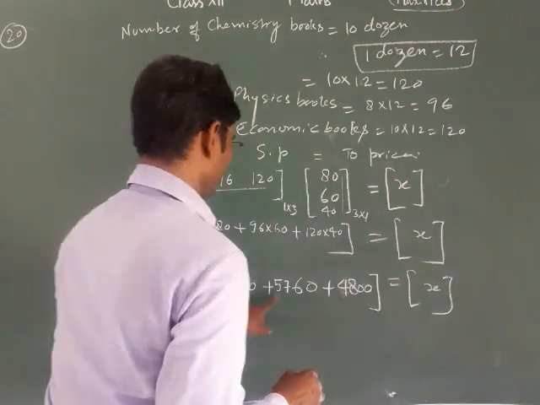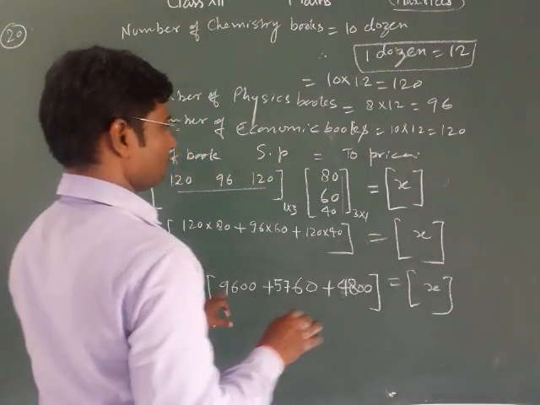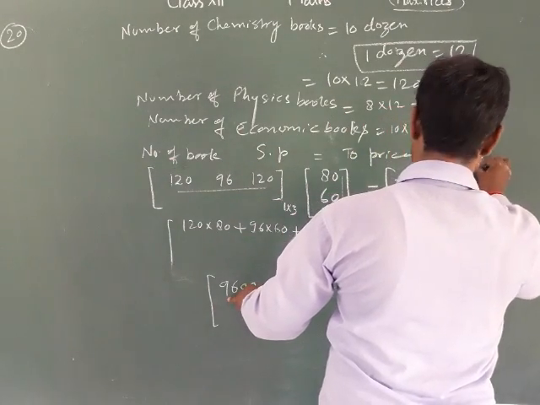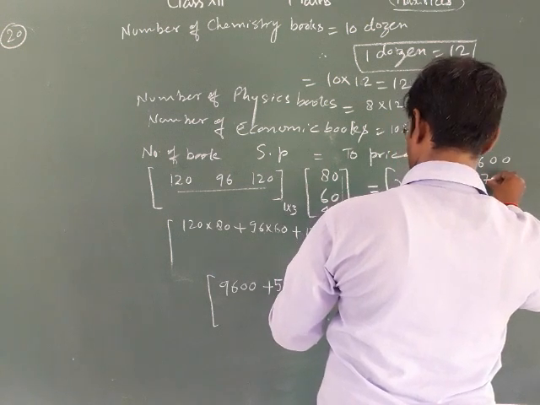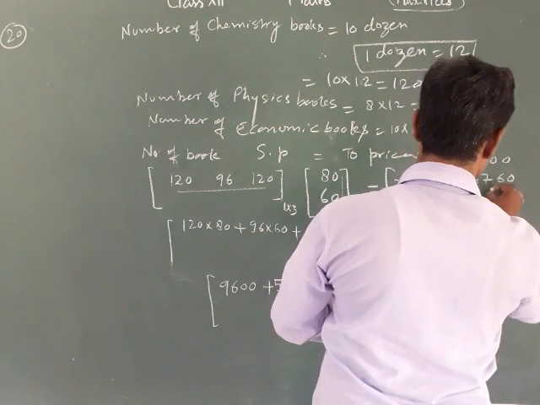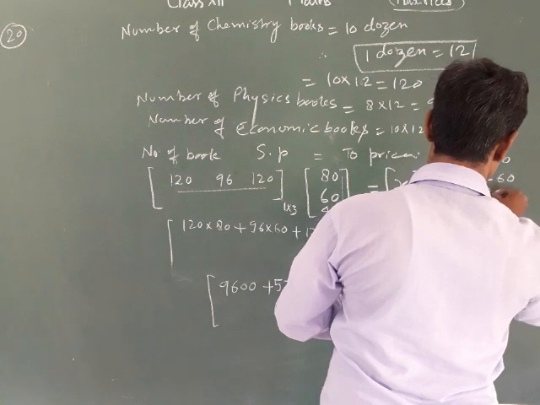So now add these: 9600 and 5760 and 4800.